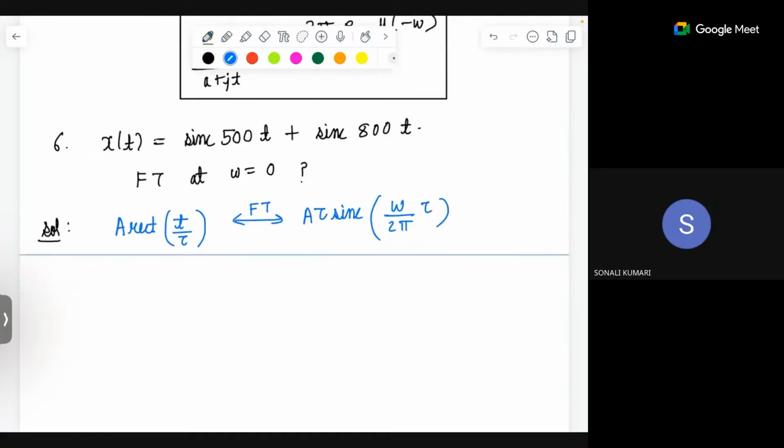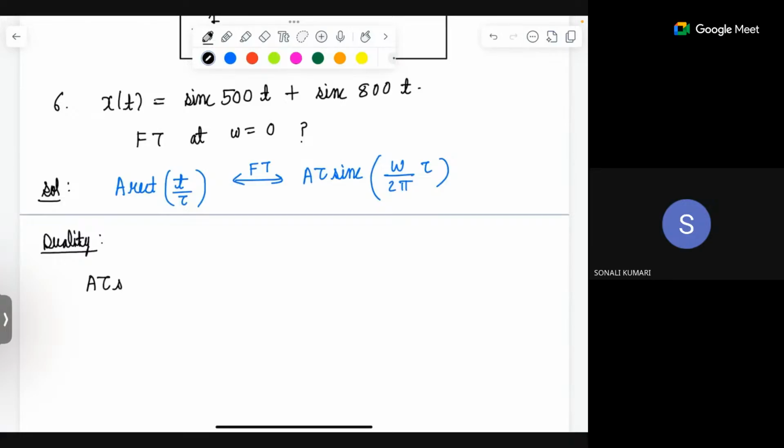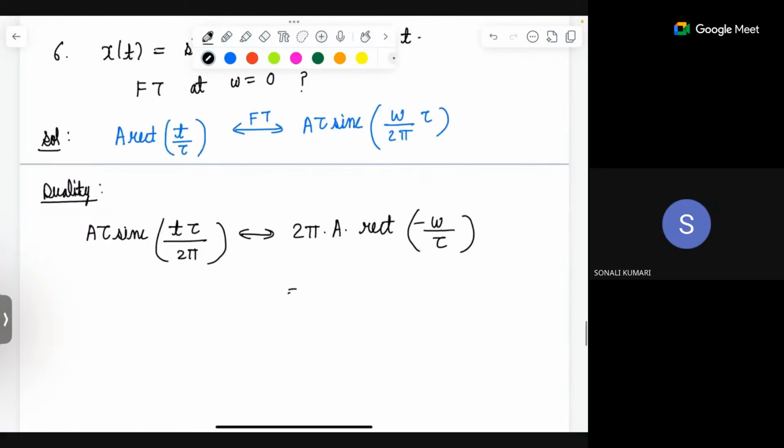Now I have this sinc in frequency. We want it in time, so let us use the property of duality. So A tau sinc t tau by 2 pi will have the Fourier transform 2 pi A rect of minus omega by tau, which is 2 pi A rect of omega by tau, because rect is an even function.